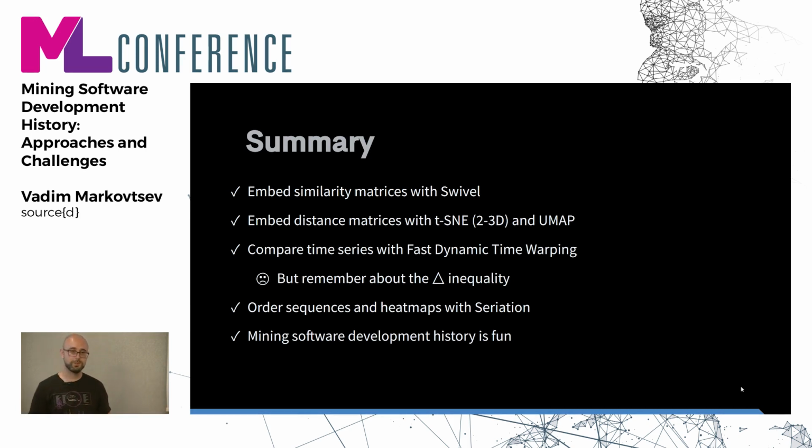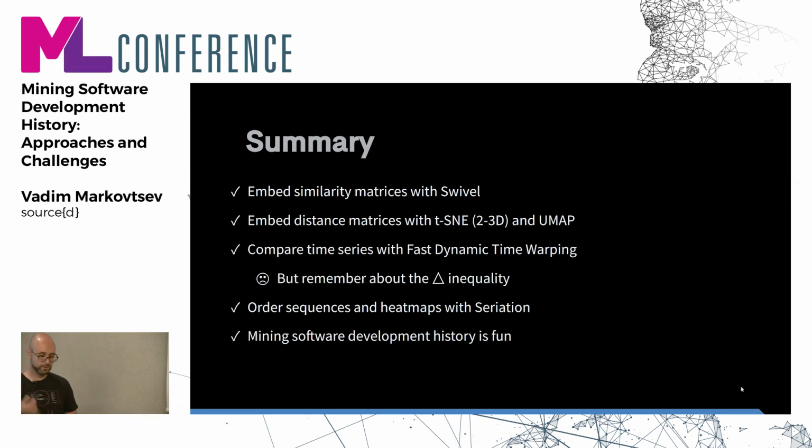If you have a distance matrix or dissimilarity matrix, which you can roughly treat as a distance matrix, you can apply t-SNE for a small number of dimensions, and also you can apply UMAP, which is newer and sometimes works better. And for sure, according to our experiments, it works better for more dimensions than 2 or 3.